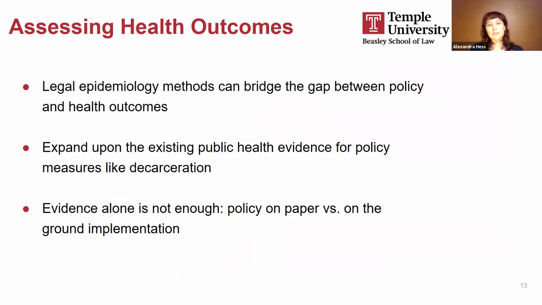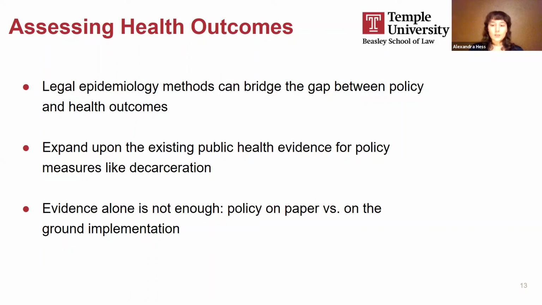So again, it's important to step back and think about how this really matters in terms of health outcomes generally. We know that legal epidemiology methods can help to bridge the gap between policy and health outcomes. And this research can really expand upon the existing public health evidence for policy measures like decarceration. But we know that the evidence alone is not enough.